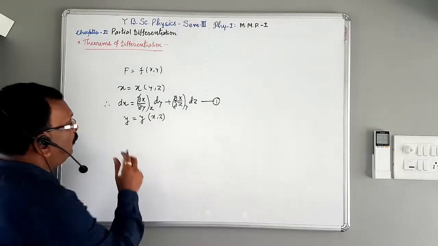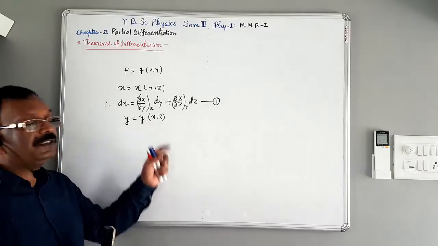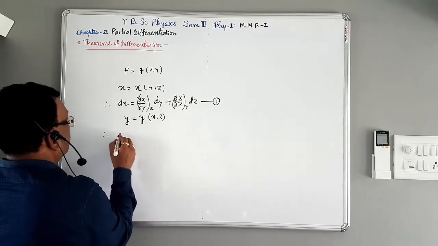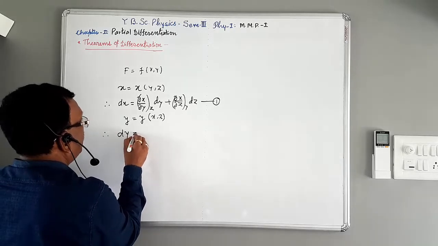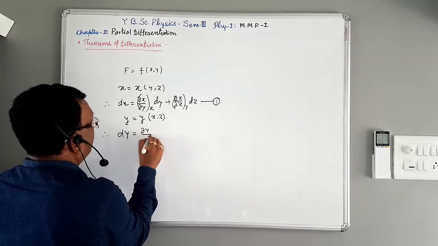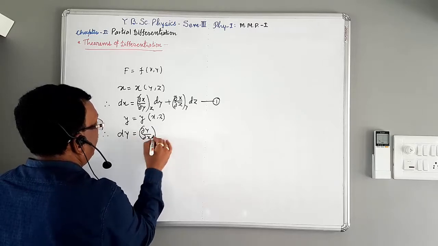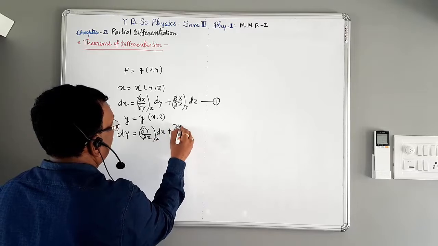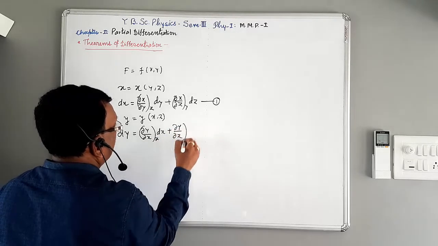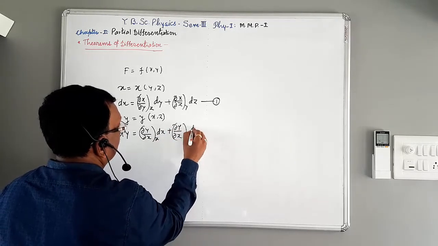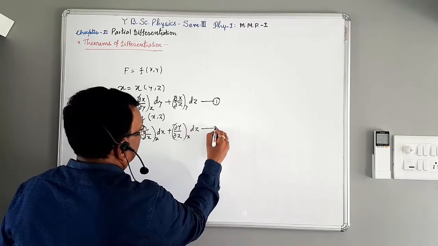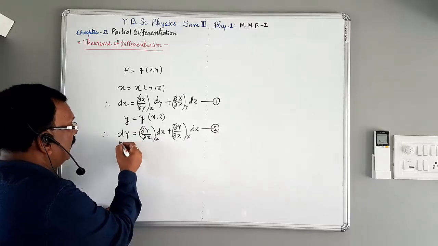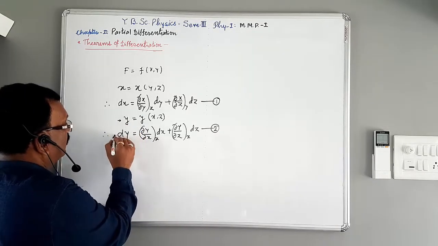In the same way, if we imagine that y is a function of x and z, then dy is equal to delta y by delta x at constant z dx plus delta y by delta z at constant x dz. This is equation 2, the differential equation of this function.